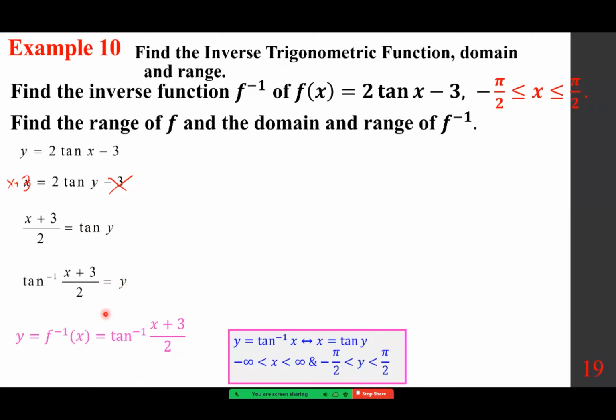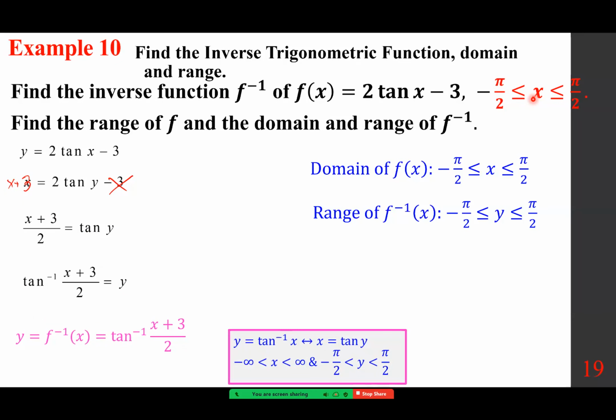And because this is the domain of f, everybody, it must be the range of f inverse. And the domain of f inverse: x plus 3 over 2, remember, the domain is between negative and positive infinity.